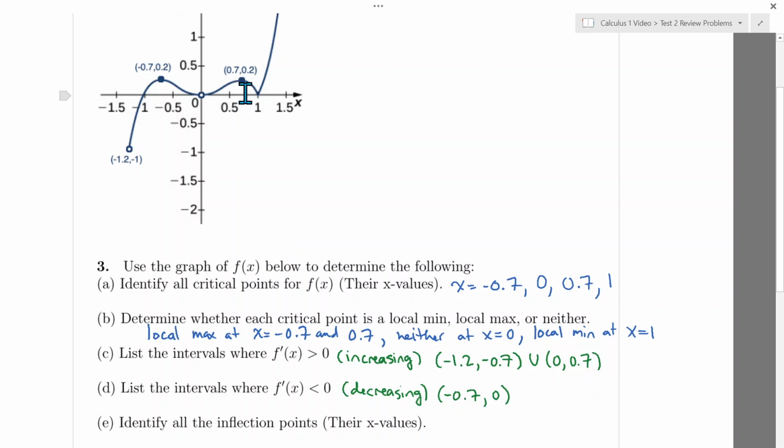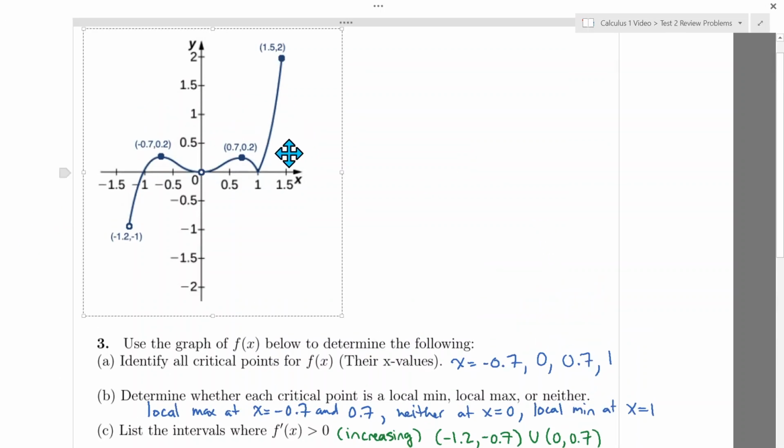This small portion here is going downwards, so that's decreasing, and the x values is from 0.7 to 1. And then finally, this portion here is going upwards, so that's increasing, and the x value is from 1 to 1.5.